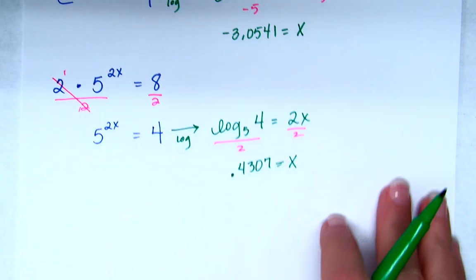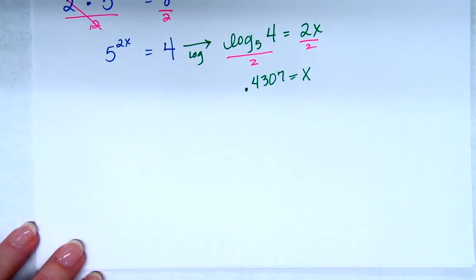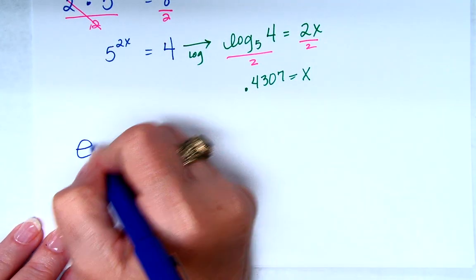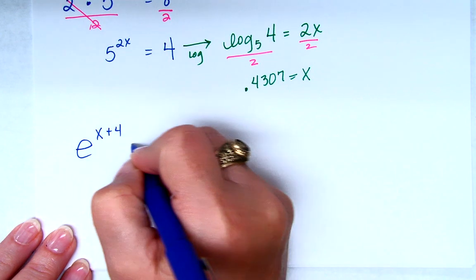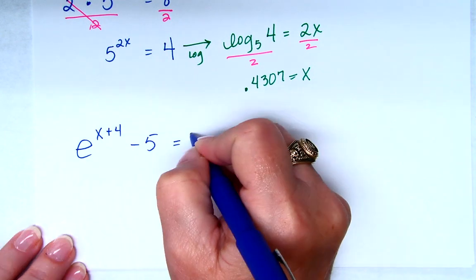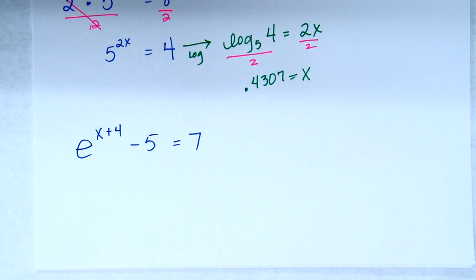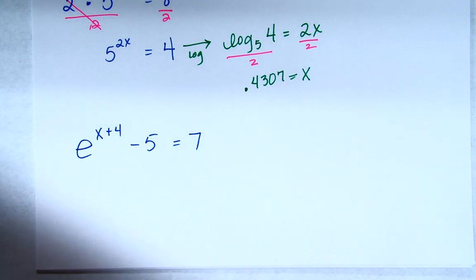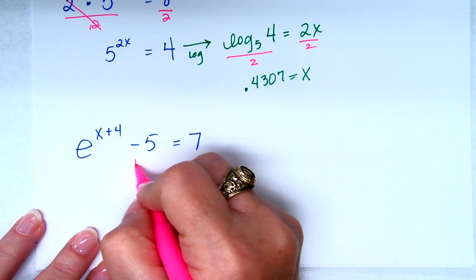Now what about this then? E raised to the x plus 4 minus 5 equals 7. Is the base isolated? No. Okay, what do I do first then? Add 5.